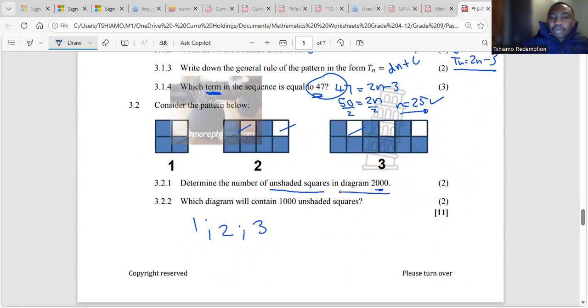So diagram 2000 will have how many unshaded parts? Diagram 2000 will have 2000 unshaded squares. Okay, which diagram will contain 1000 unshaded squares? Same, diagram 1000.